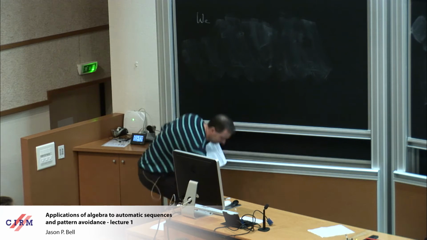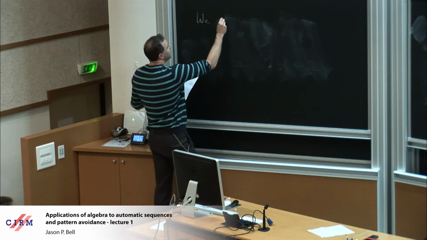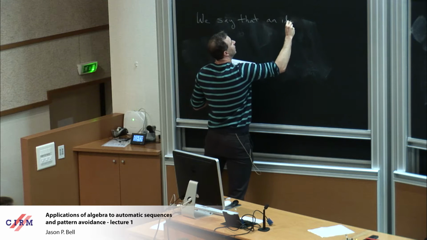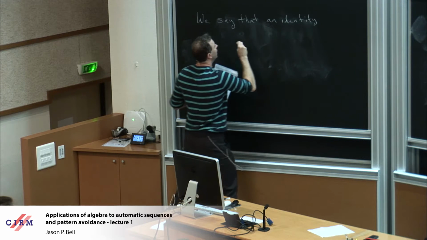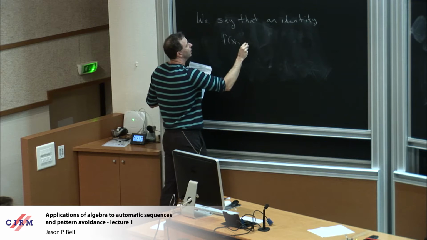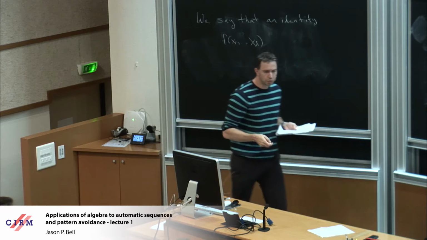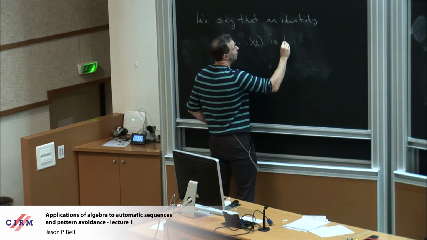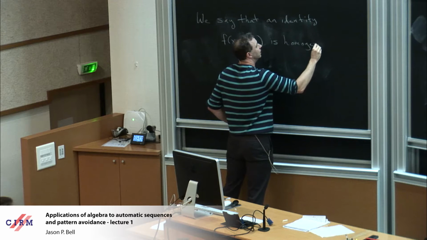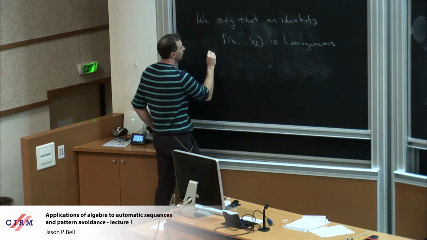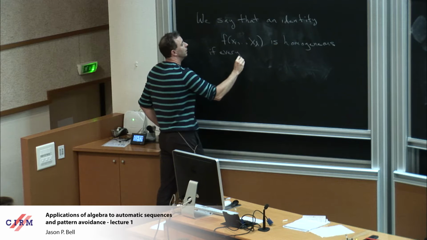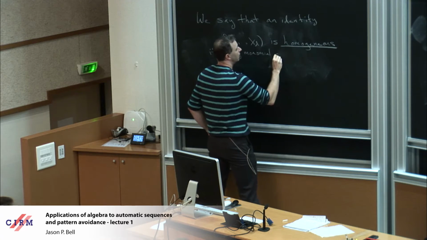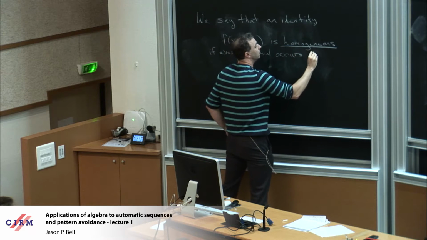We say that an identity is homogeneous if every monomial occurs with the same total degree.